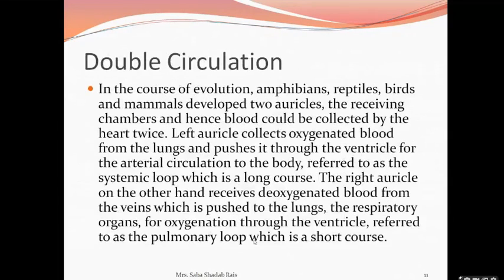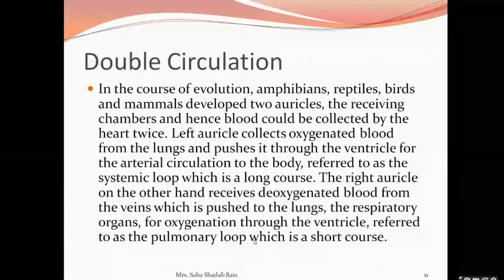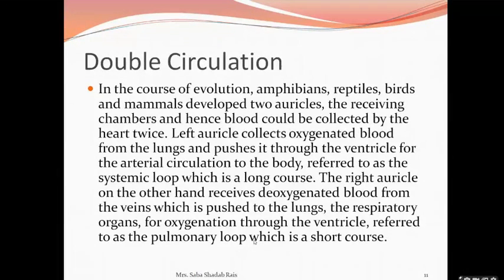Then double circulation. In the course of evolution we have all learned that amphibians, reptiles, birds and mammals develop two auricles, but in the case of birds and mammals only, a four chamber heart is there. In the case of amphibians and reptiles you will find that only three chambers are there. They have two auricles.